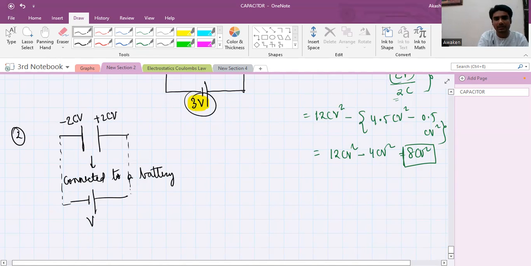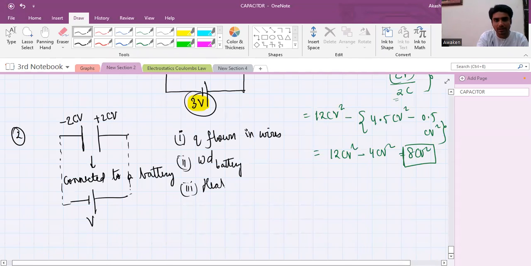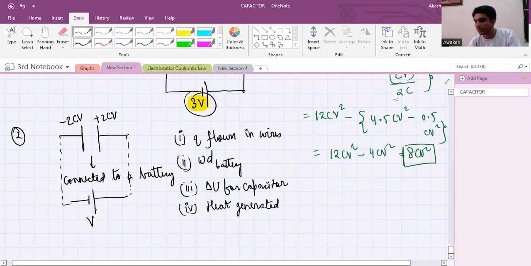So find the charge flown through the wire, and the work done by the battery. Quickly solve it.